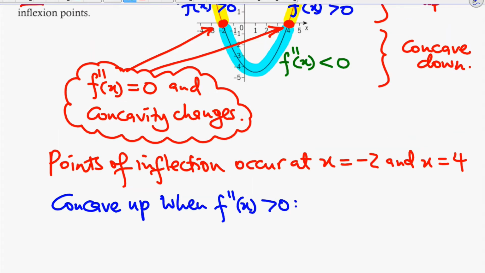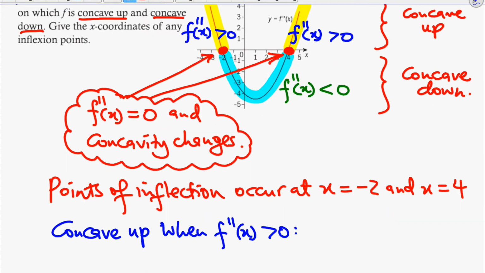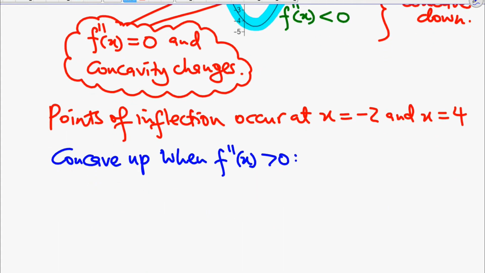Looking at the diagram, it's greater than 0 when x is less than -2 and when x is greater than 4. So you can go ahead and say when x is less than -2 and when x is greater than 4.